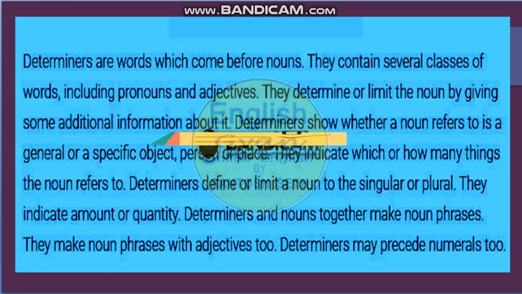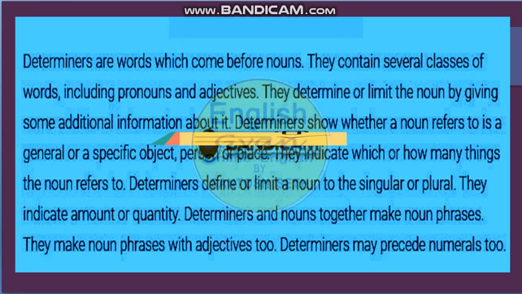Determiners indicate which or how many things the noun refers to. They define or limit a noun to the singular or plural. They tell about the quantity or amount of the noun.